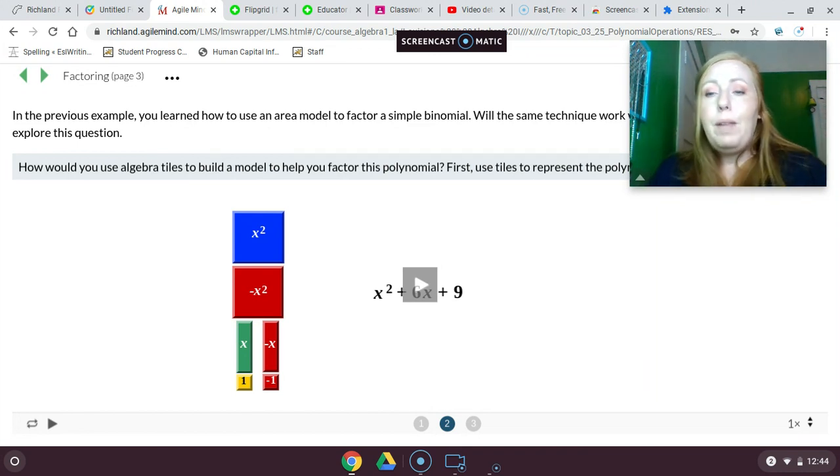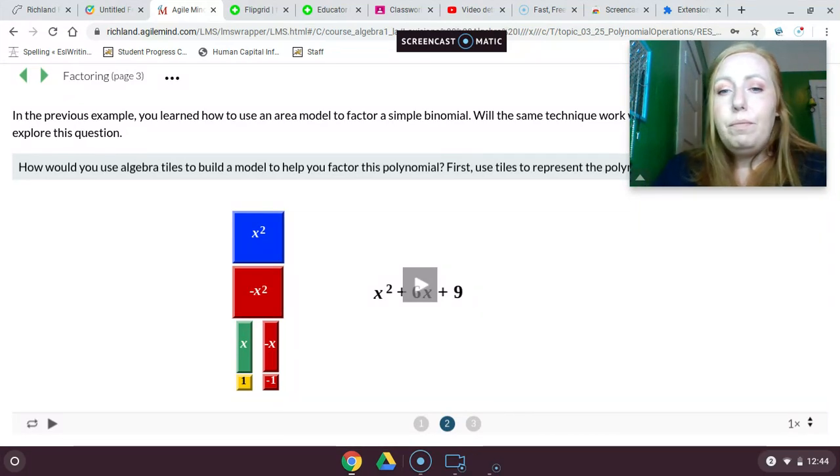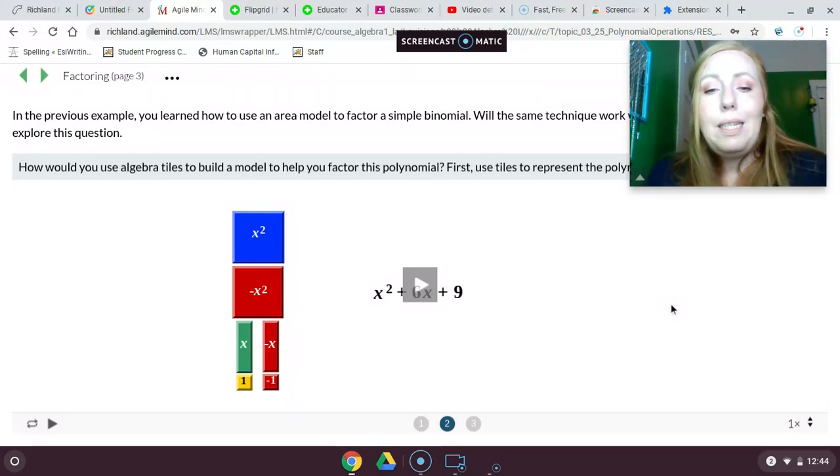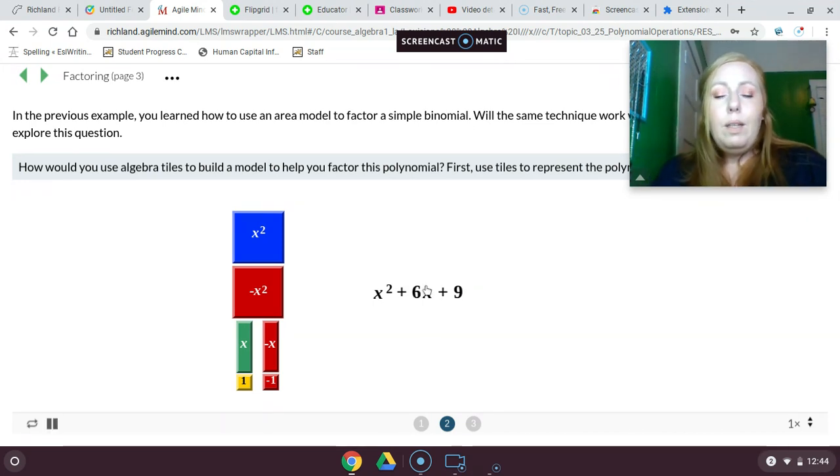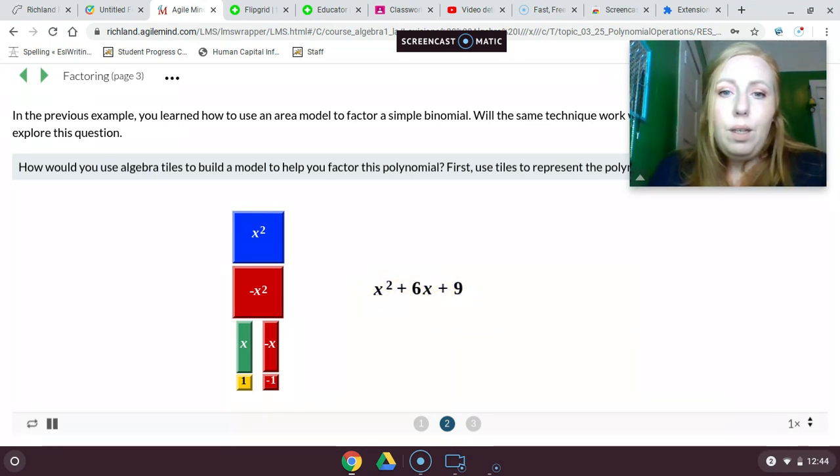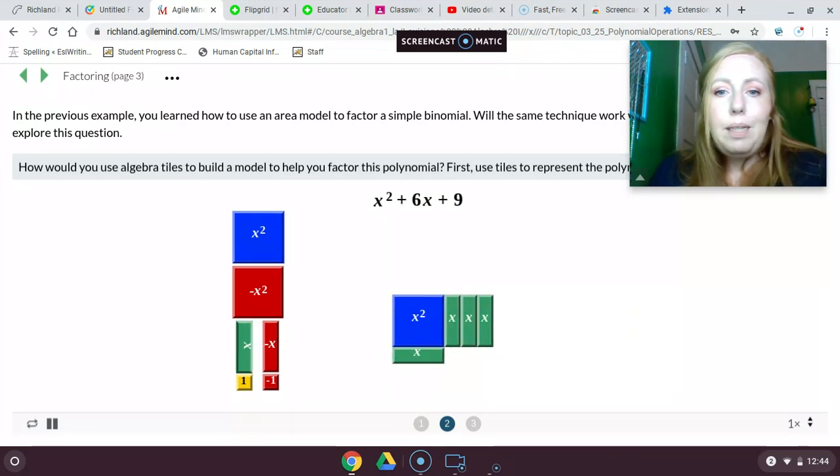Pause this right here and do it. Now let's see what our area model would look like. We have x squared plus 6 x's that we split up 3 and 3, plus 9.